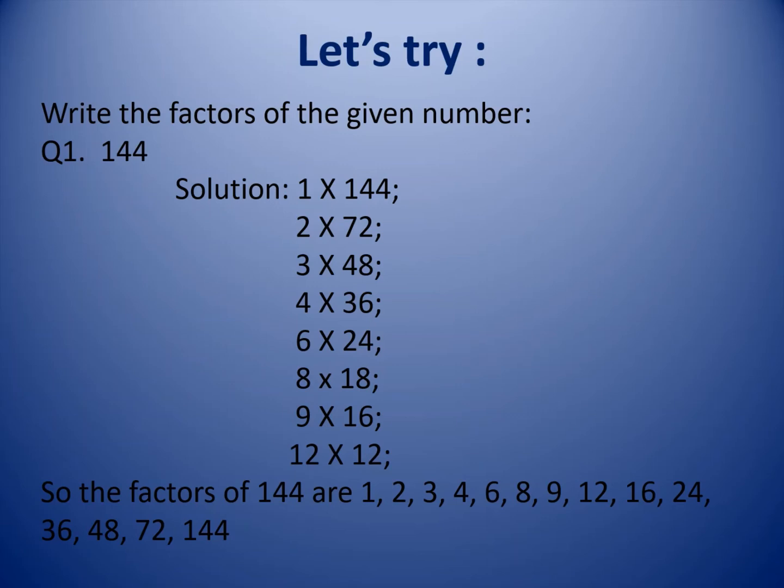In this way we can say the factors of 144 are 1, 2, 3, 4, 6, 8, 9, 12, 16, 24, 36, 48, 72 and the biggest one is 144. Here you can experience also all the numbers are less than or equal to the number given to you.